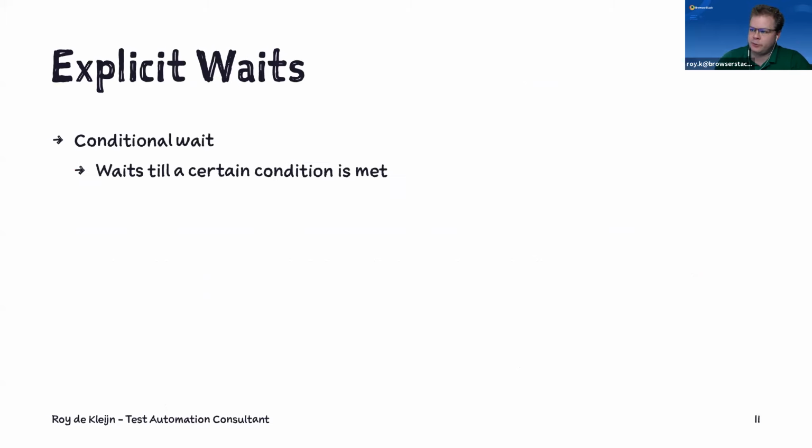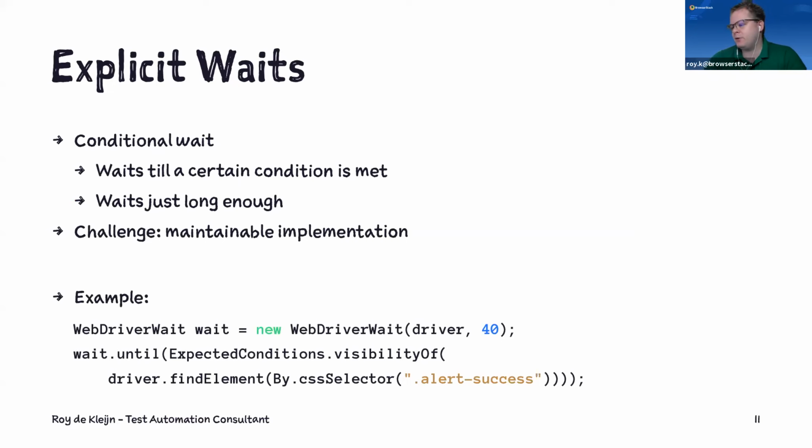Otherwise, it will be kind of hard to implement it in your test automation framework. This is an example of how it can look like. So you define the WebDriver wait, and in between the until, you define some condition. In this case, we are waiting for the visibility of an element with the class name alert success.